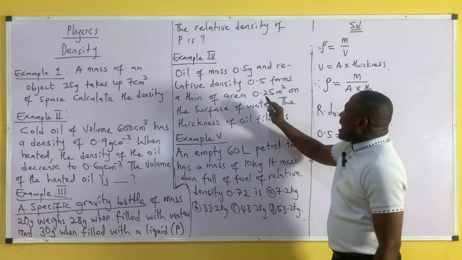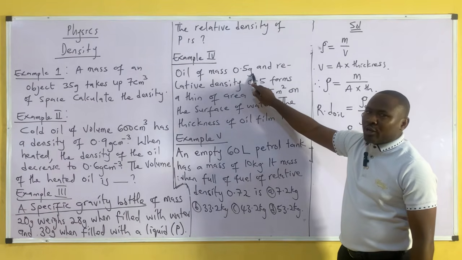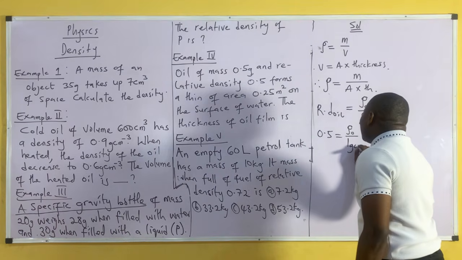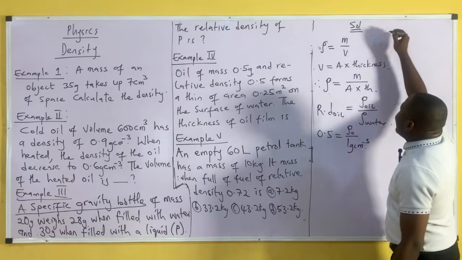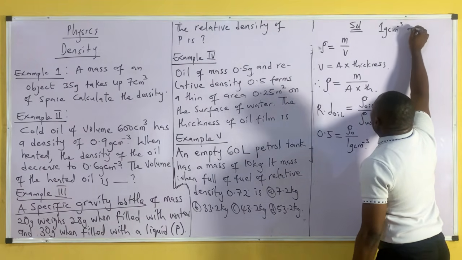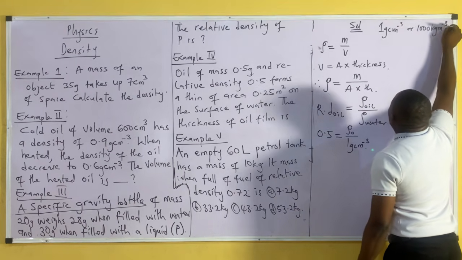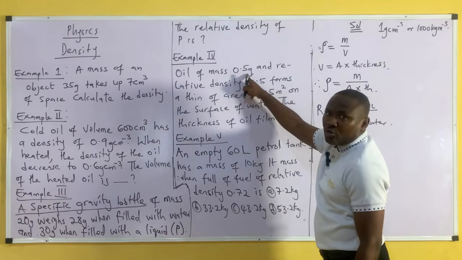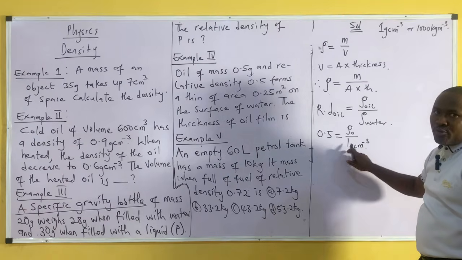Now take note, I want to convert this to kilogram. Hence, I will not work with 1 gram per cm cube for water. Remember, the density of water is either 1 gram per cm cube or 1,000 kilogram per meter cube. So if I'm converting to kilograms, I will not use 1 gram per cm cube for water.